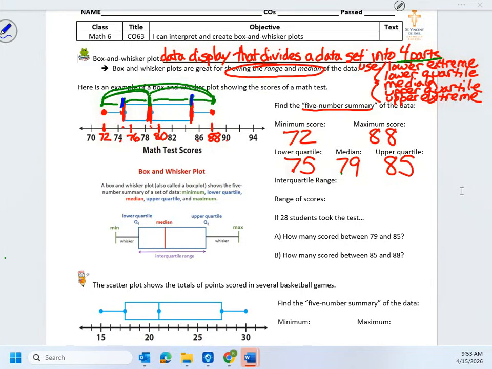So you're looking at our whole number line. We don't want that whole number line. For the interquartile range, look at where I'm marking. We want to go from the lower quartile to the upper quartile. So what numbers are we going with, Jackson? 75 to 85. So that's our interquartile range.